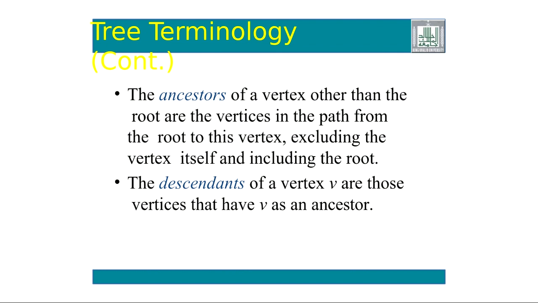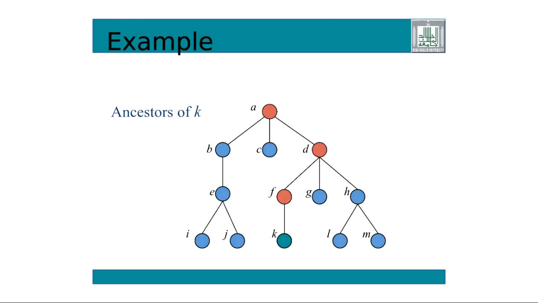Then ancestors of a vertex other than the root are the vertices in the path from the root to this vertex, excluding the vertex itself and including the root. Let's see examples of ancestors and descendants of a vertex.